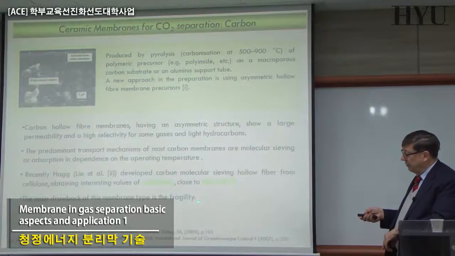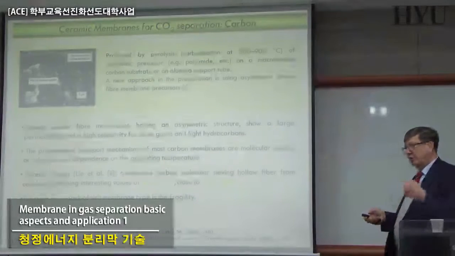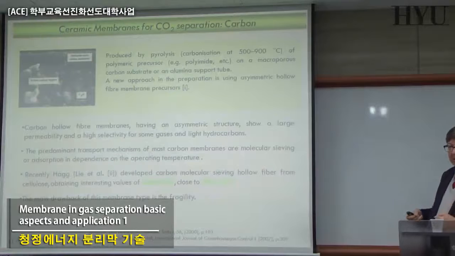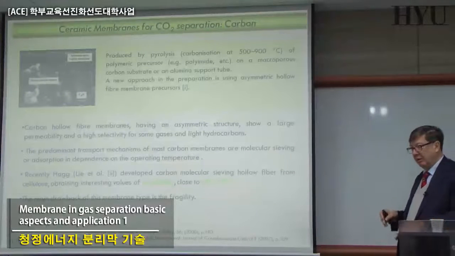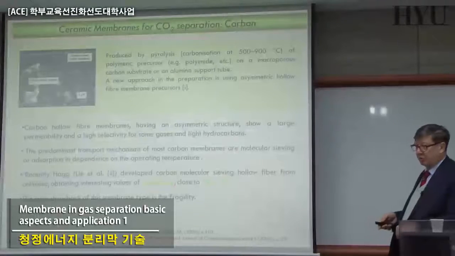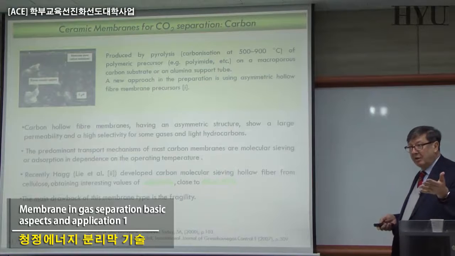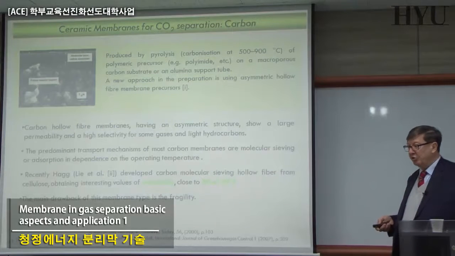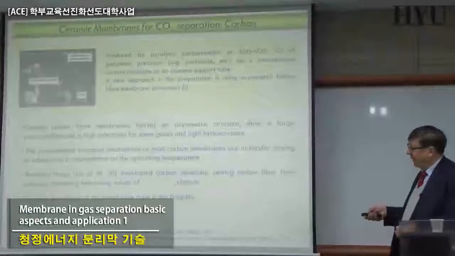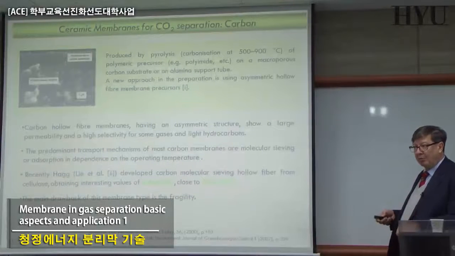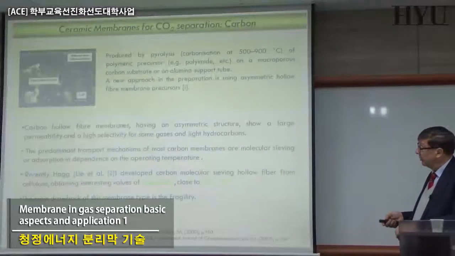But basically the major problem is the fragility, because if there is any fouling, any interaction with absorption on the matrix, you can have a pretreatment, and the pretreatment can remove the origin of this fouling. But the fragility is a little bit more complicated to eliminate.